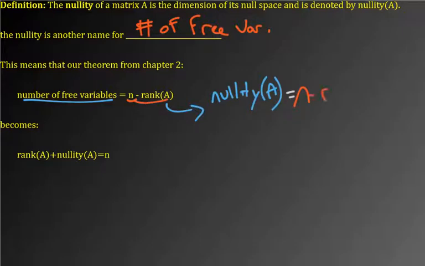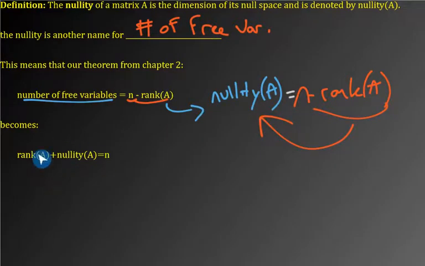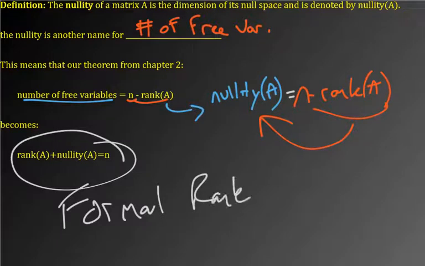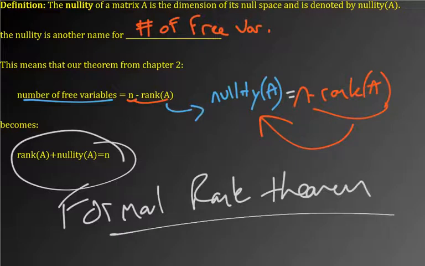So let's have all that. And then all we're doing is taking this and moving it over. For some reason, this is how you see the formal rank theorem in a linear algebra book. They change the order of it on you.